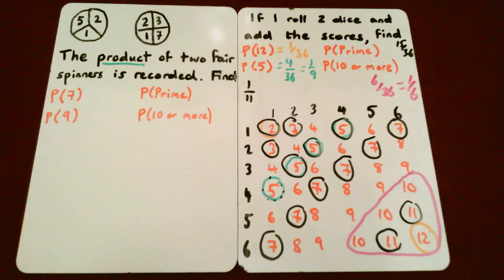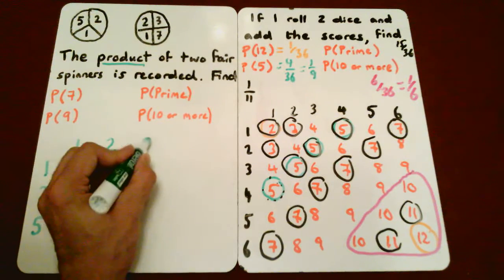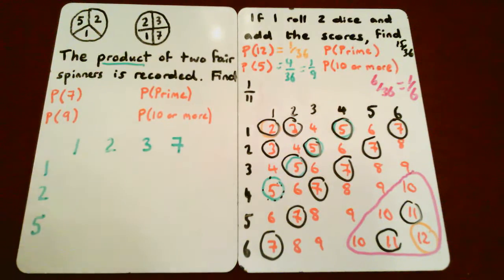So once again, we need to list out the different possibilities. We can have from our first spinner 1, 2, or 5. From our second spinner, we can have 1, 2, 3, and 7. And we're trying to work out the product that is recorded.